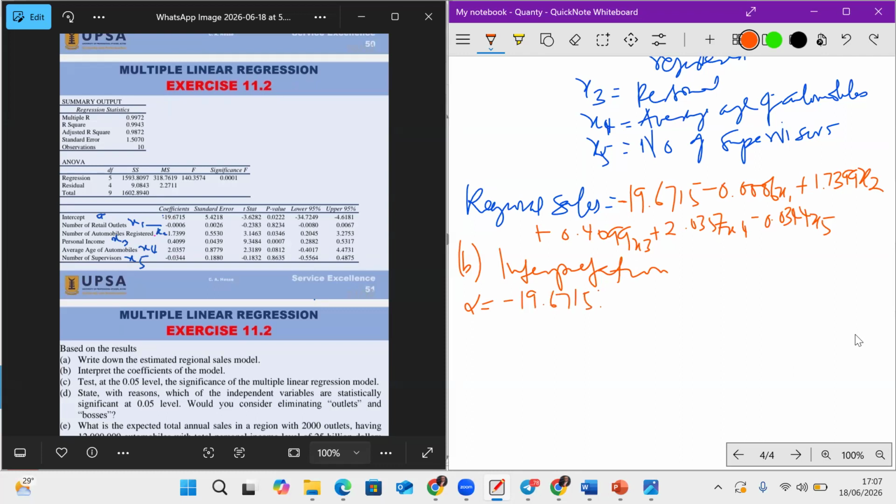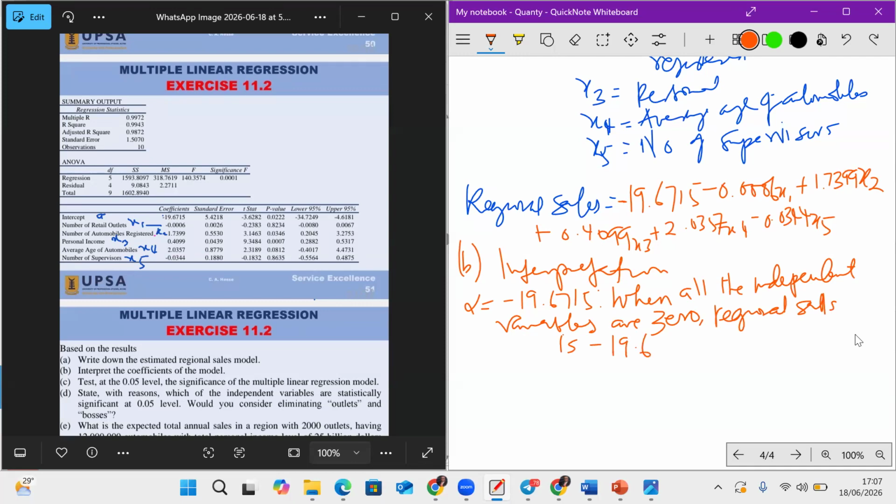You say that when all the independent variables are zero, regional sales is negative 19.6715, all things being equal.